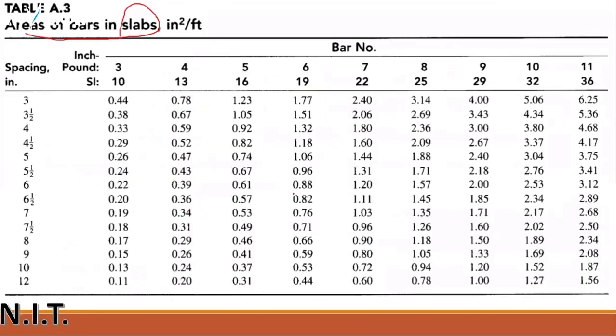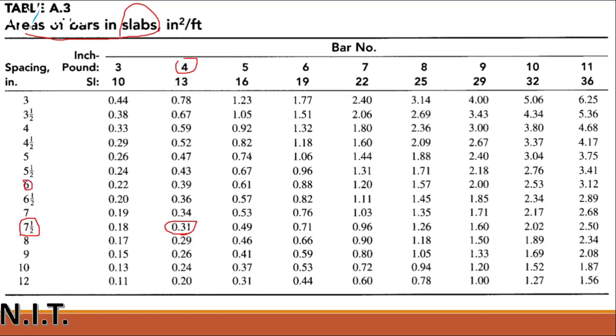Yes, this is the table. Find out where 0.31 is. The value which is available here, that is the exact value, means number 4 bar at the rate of 7.5 inch, but I am providing 6 inch.